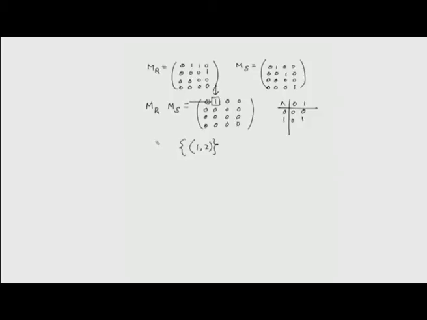MR AND MS is equal to 1 2, which is R intersection S. Therefore, we can write MR AND MS is equal to M R intersection S.